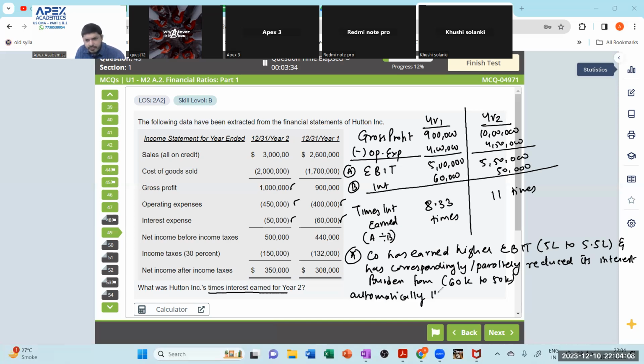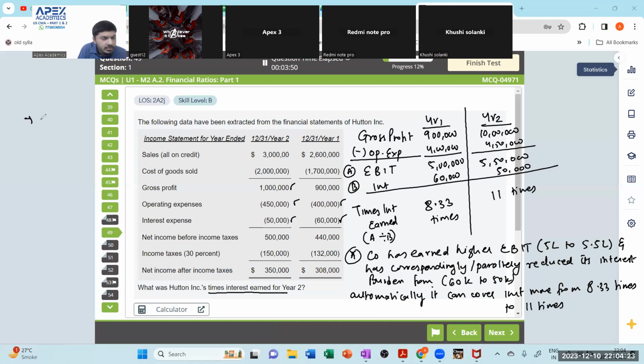Automatically, it can cover interest more, from 8.33 times to 11 times.